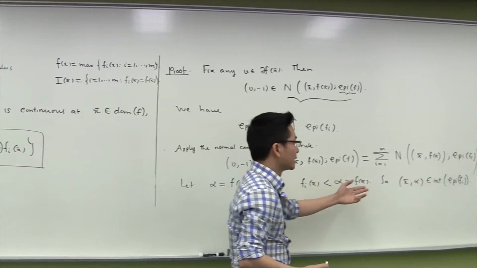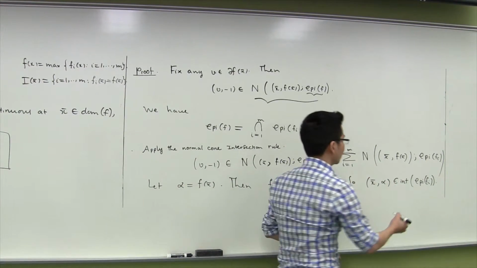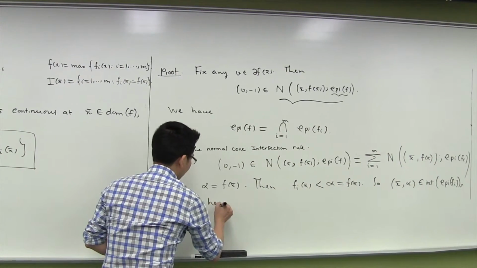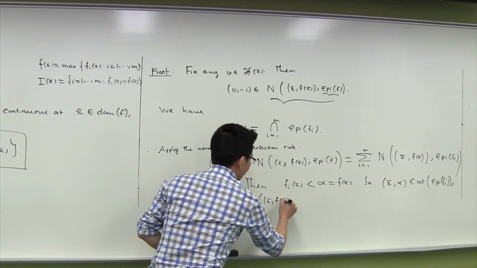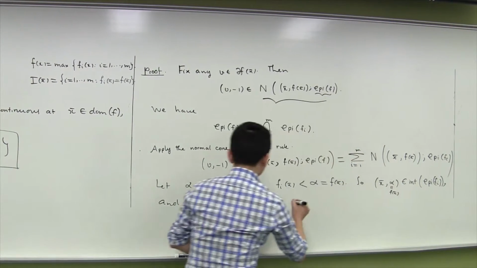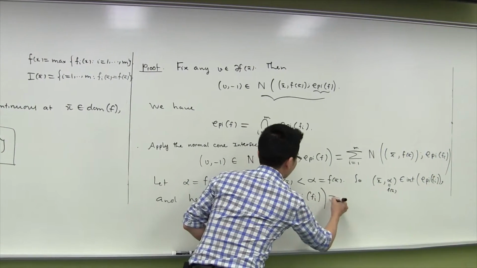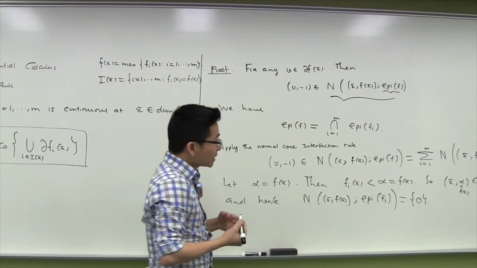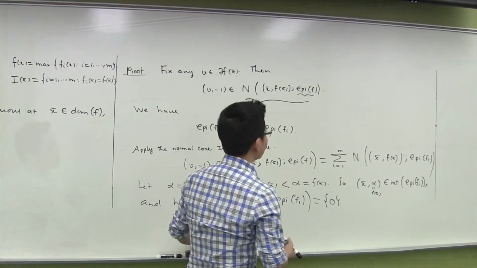So in this situation, the normal cone at such a point reduces to 0. Okay, so now in this sum, we can eliminate those elements and have the following.